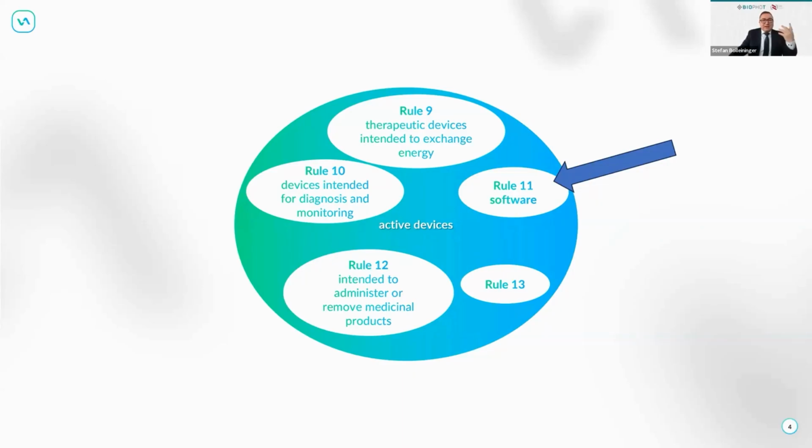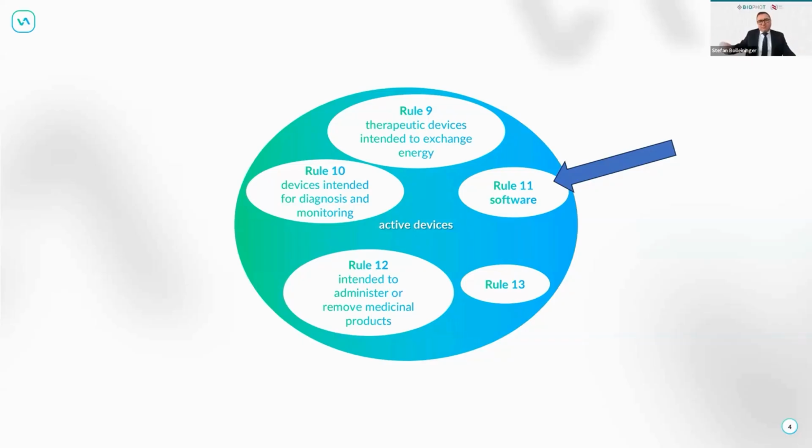Is your product big enough, or is the software extending just the physical product? If Rule 11 is applicable, the software product will remain classified on its own. If the software is just part of the product and does not extend its functionality, then Rule 10 is applied and it is a physical product.